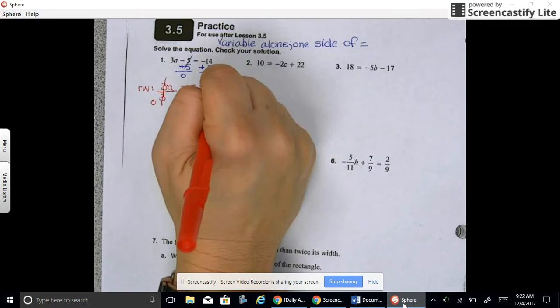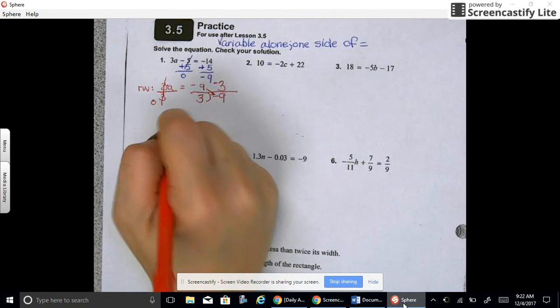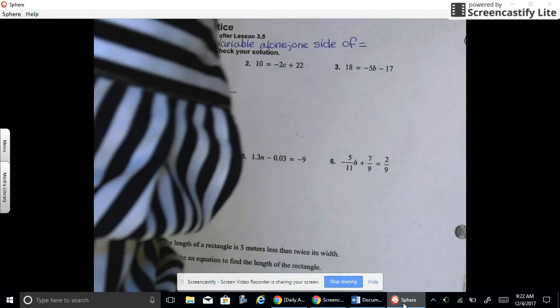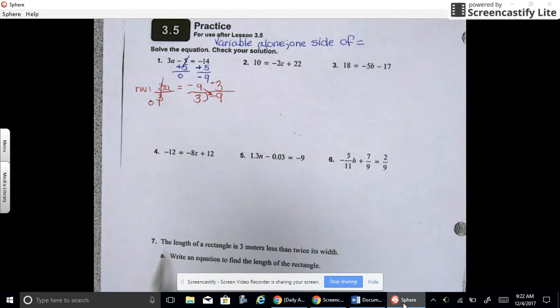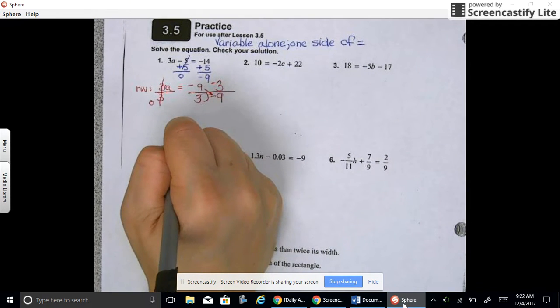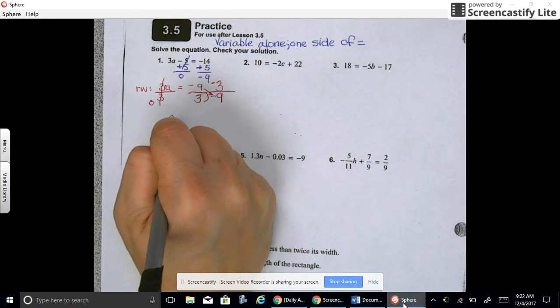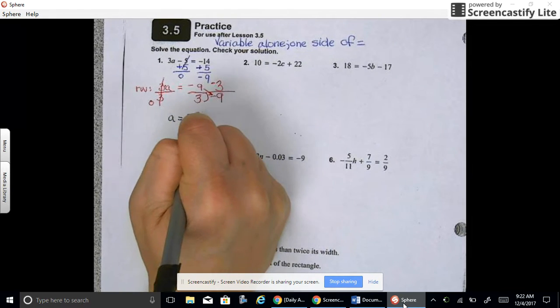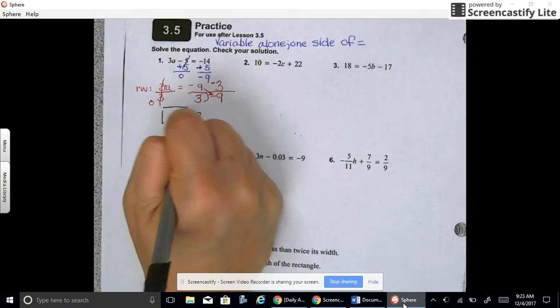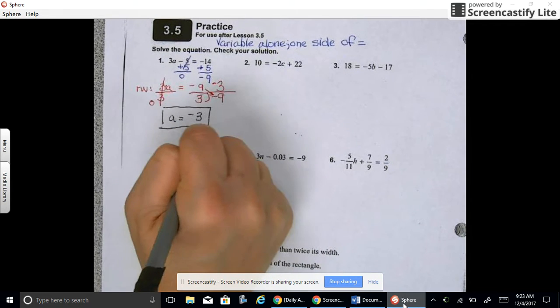So that's a negative 3. So my answer is A, because that's what I have left, equals negative 3. And I box that out because that is my final answer.